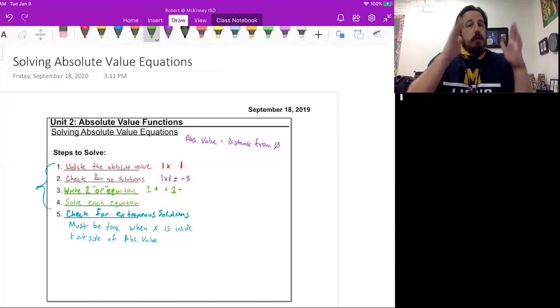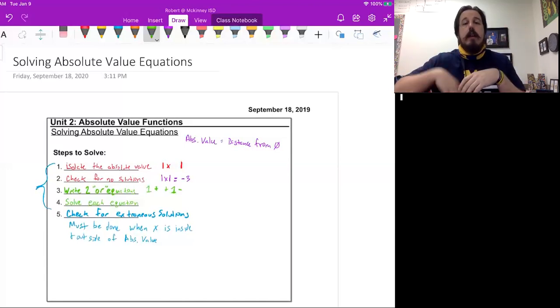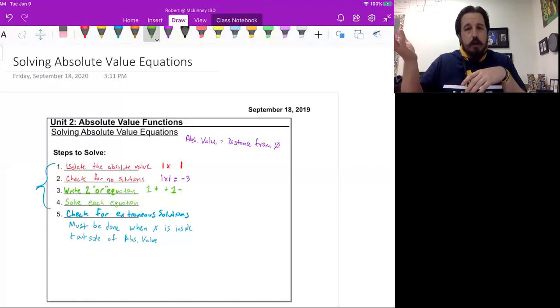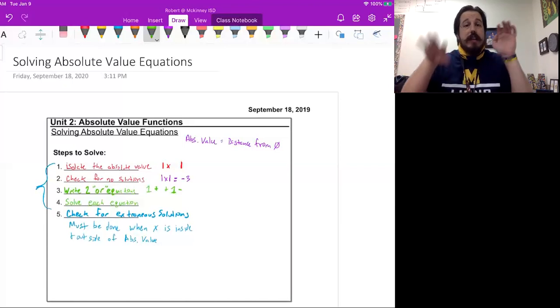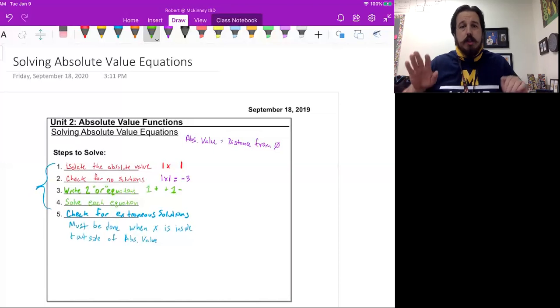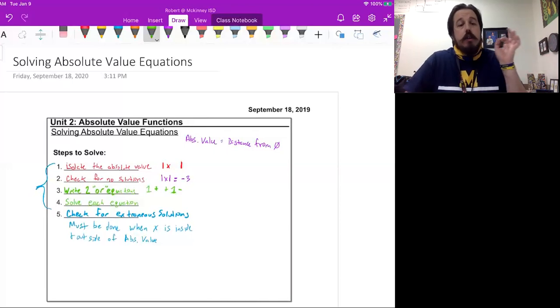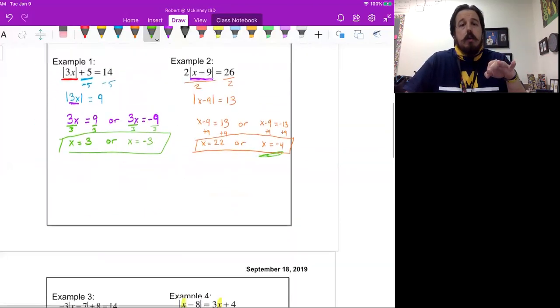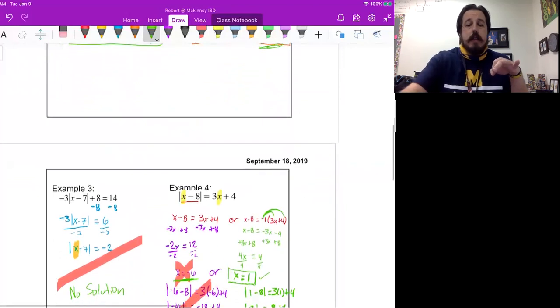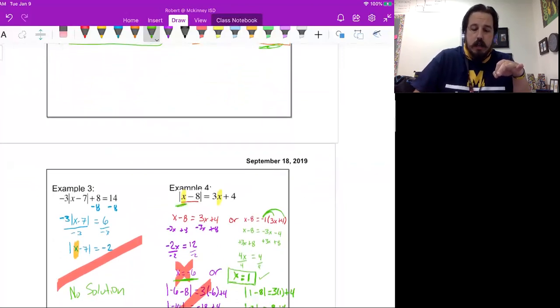The other one that's negative, whatever was in those absolute value bars equaling the negative version of whatever it equaled. Then we solve each of those independently to arrive at the 2 possible answers and check your answer. You must do that when you have x's inside and outside of the absolute value.